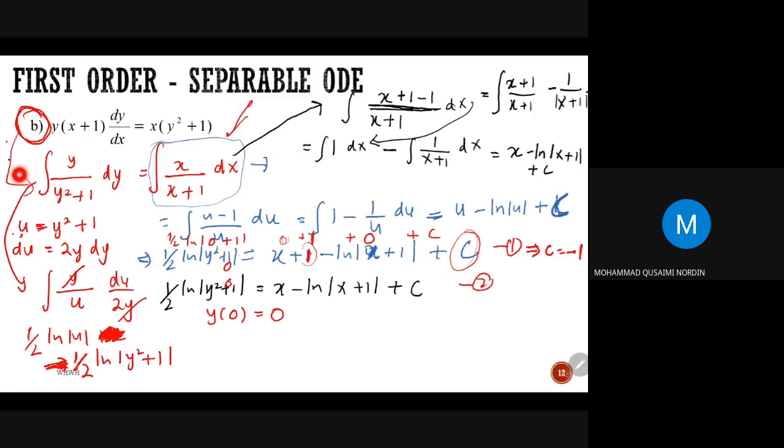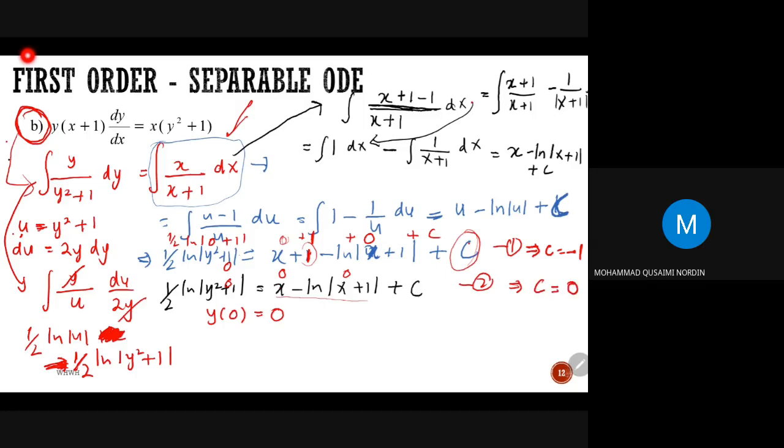Faham? Okay. Cuba you gantikan untuk dapat C dalam equation 2. Right hand side, apa jadi right hand side kat sini? x kosong, yang ni akan jadi apa? Kosong. Maknanya untuk second equation C akan dapat sama dengan kosong.